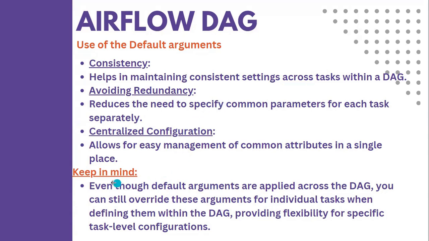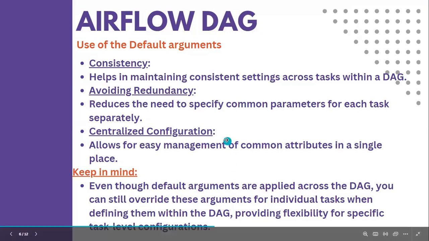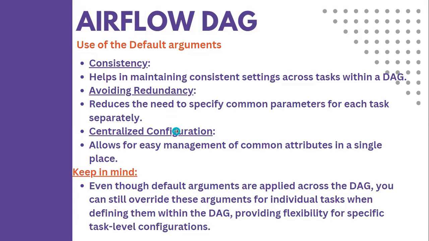Very important, guys. Keep in mind, even though default arguments are applied across the DAG, you can still override these arguments for individual tasks when defining them within the DAG. This provides flexibility for specific task-level configuration; you can even change all of them. Very important, guys. So next.